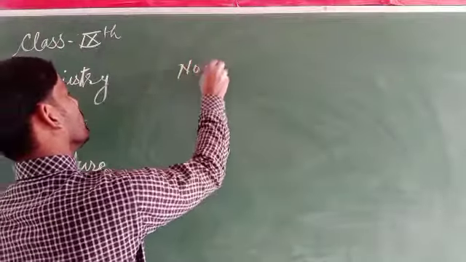Here is the number of electrons, and this one is the 12 number of protons. So what will be the difference? The number of protons will never equal the number of electrons.